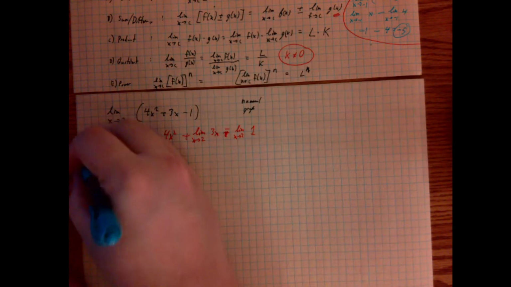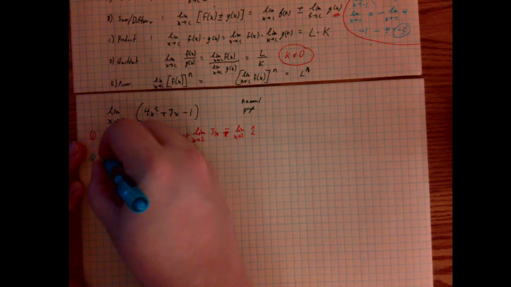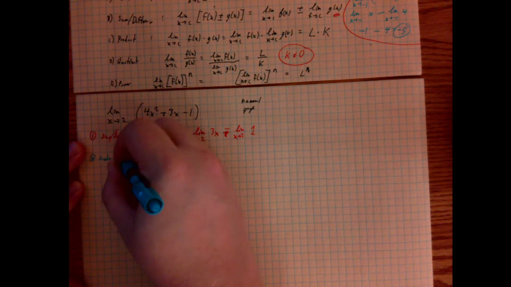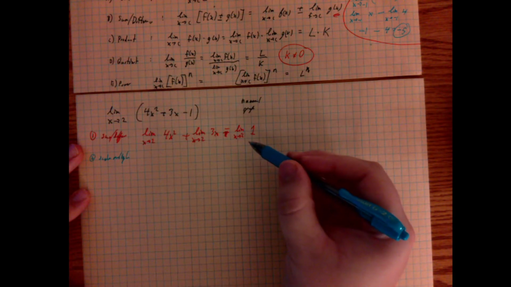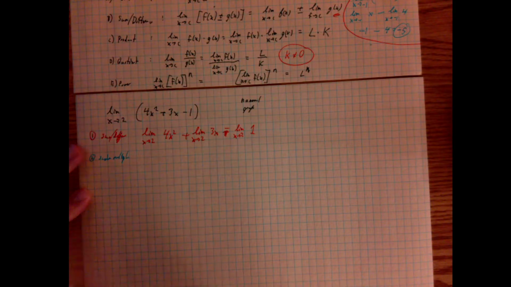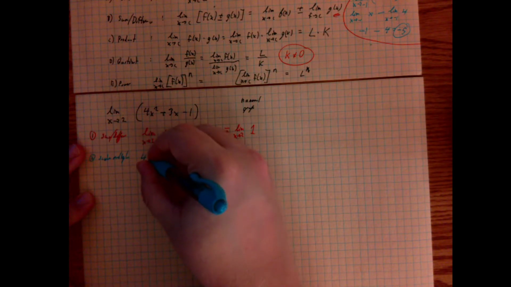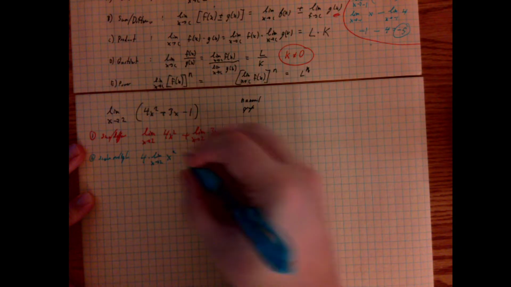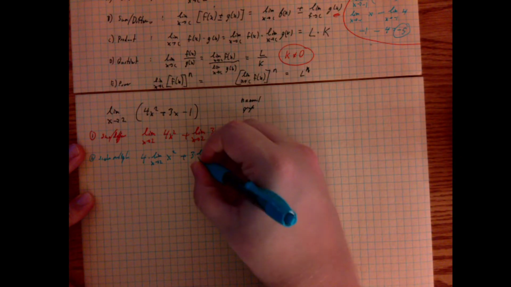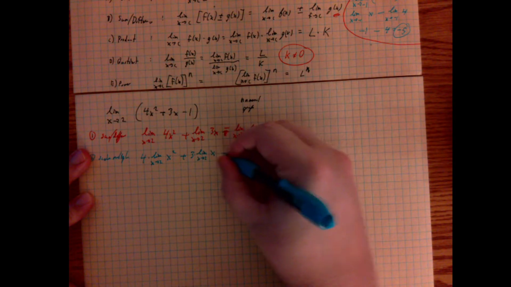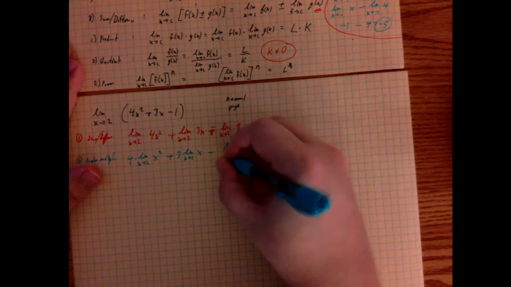Now, second step, I can use the scalar multiple rule on the first 2, and then I can actually go ahead and do the last one. So these first 2 will become 4 times the limit as x approaches 2 of x squared plus 3 times the limit as x approaches 2 of x minus the limit of 1. According to our basic theorem list, the limit of a number is just the number, so the limit of 1 is just 1.